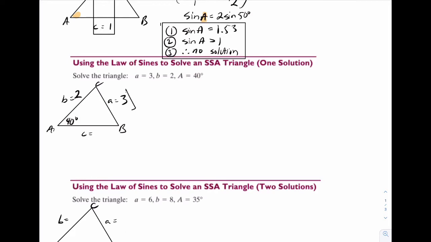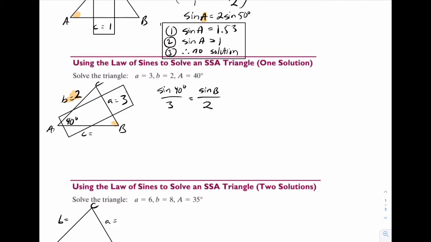So our pair, hopefully we're getting good at this, right here. So let's write it out. Sine of 40 over 3, that's equal to, notice how we're given B is 2, which means we got to figure out this angle right there. So sine of B all over 2.